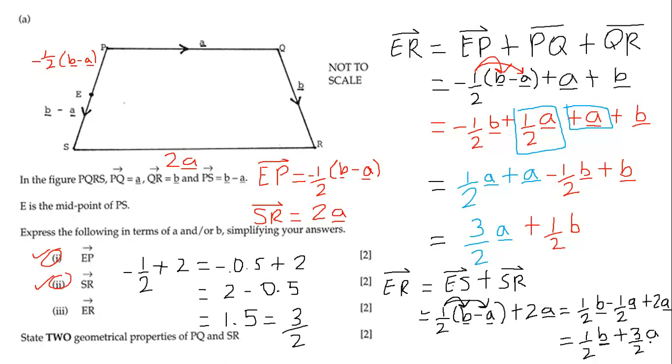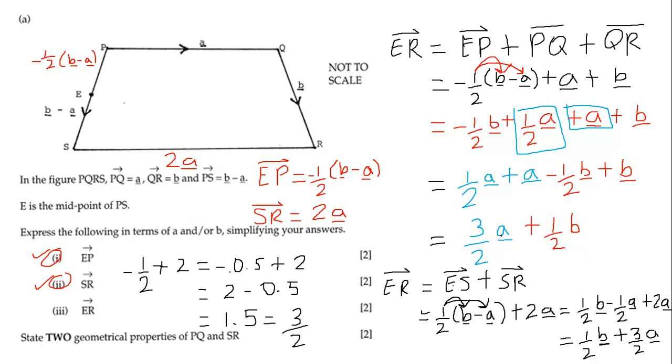And there you can see, we get the same answer. Here we get 3 over 2a plus a half b. And again, we get the same thing, 3 over 2a plus a half b. So both of these answers are correct.